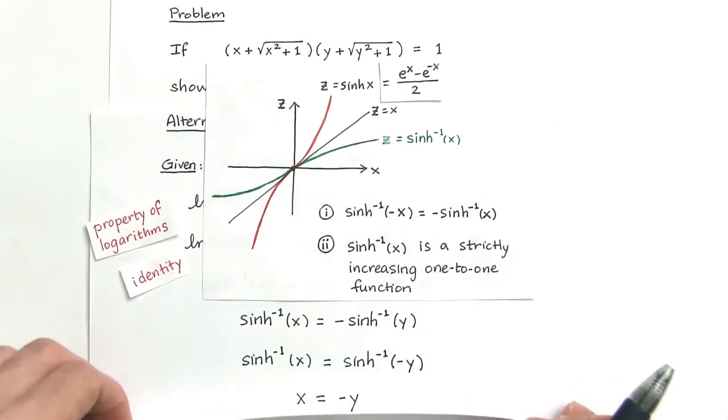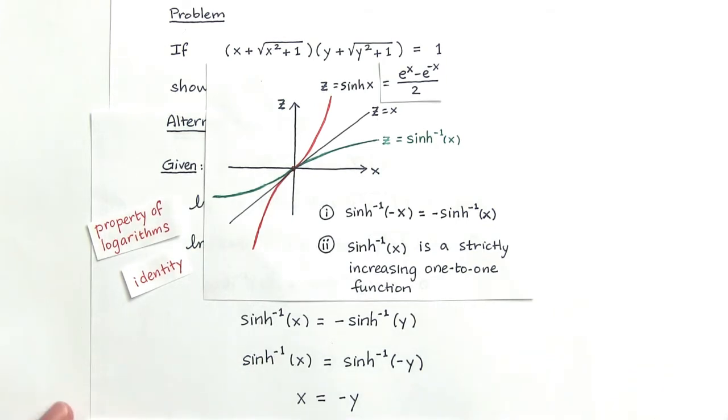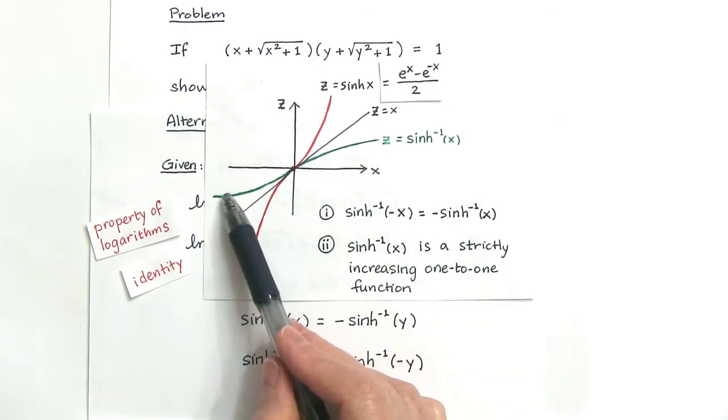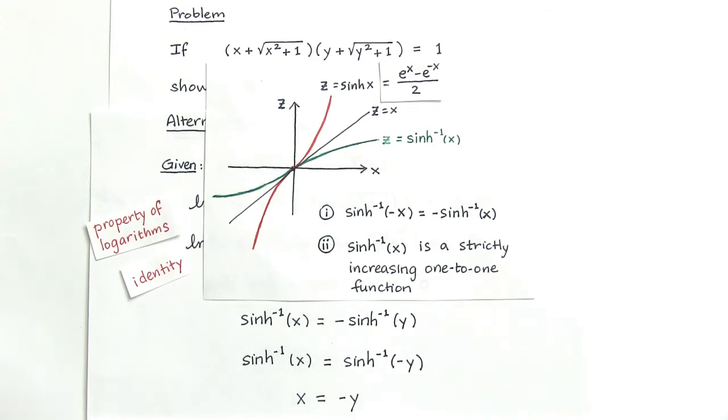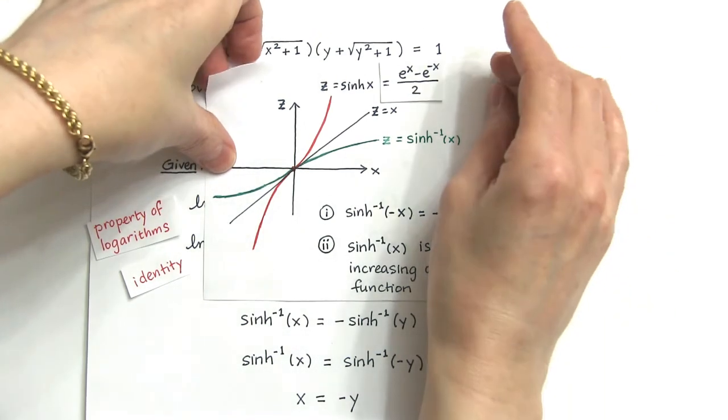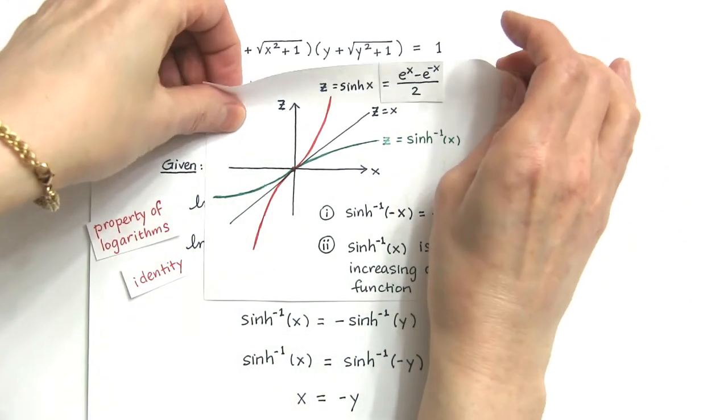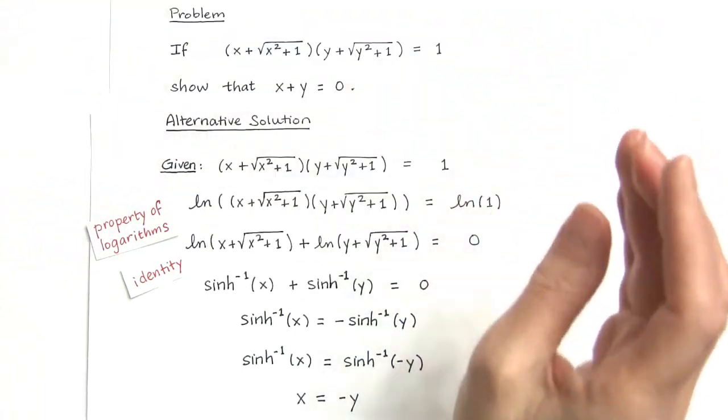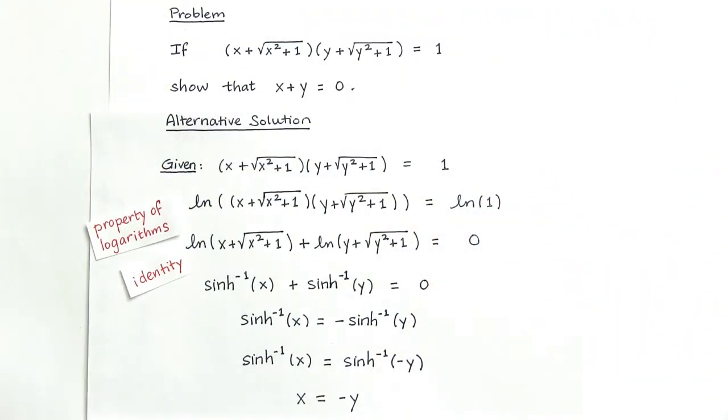And that's how come I know that x must equal minus y. And that's because the inverse hyperbolic sine is a 1 to 1 function. And we've solved the problem, because this proves that x plus y equals 0, which was the goal.